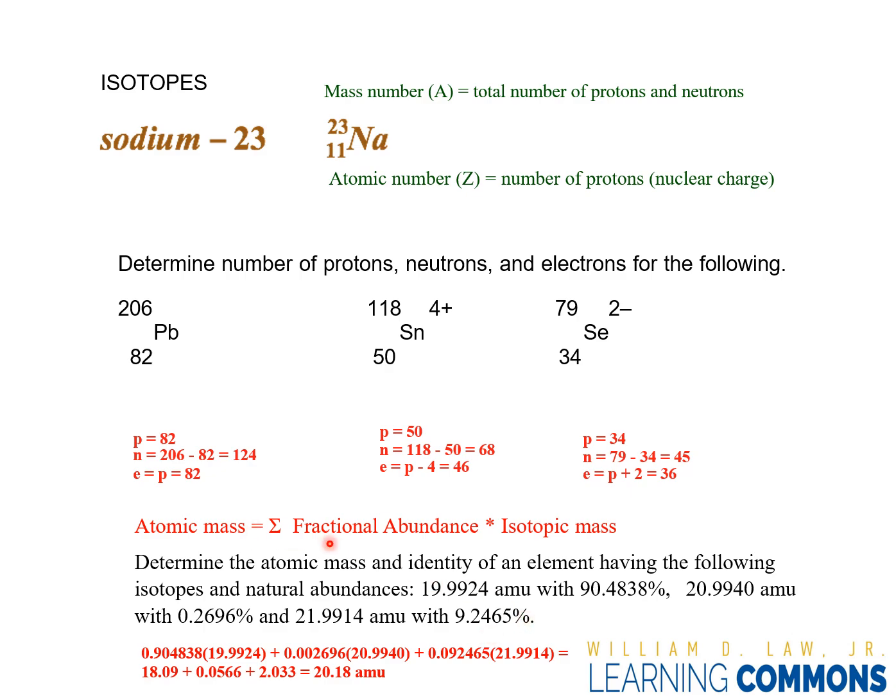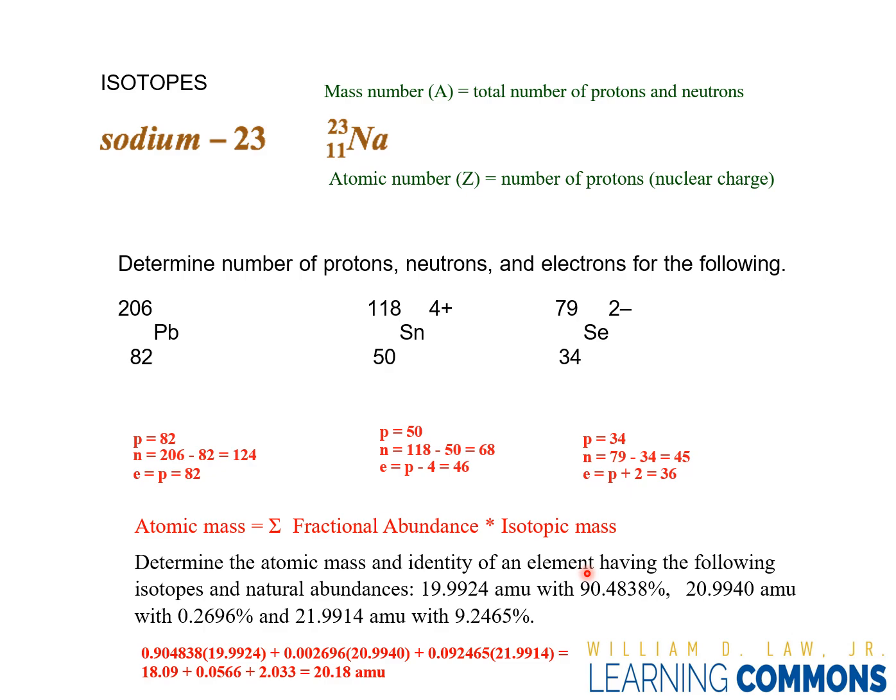If you see this, it is the sum of the fractional abundance multiplied by the isotope mass. To solve this example, I have to multiply the mass by the fractional abundance of each isotope.